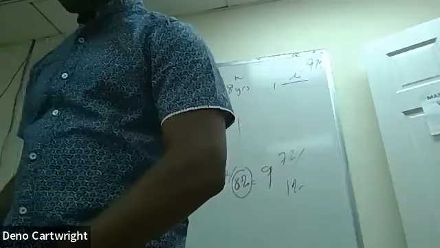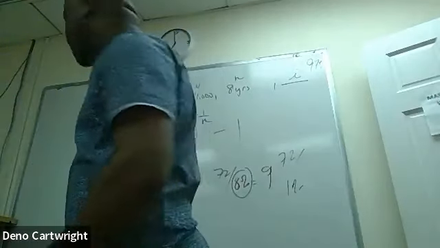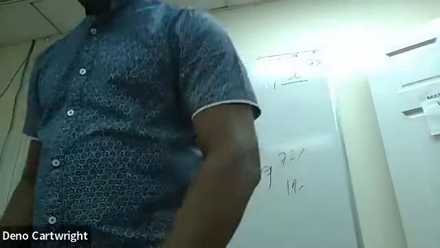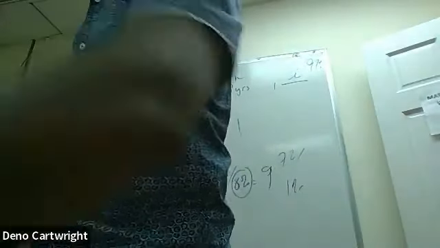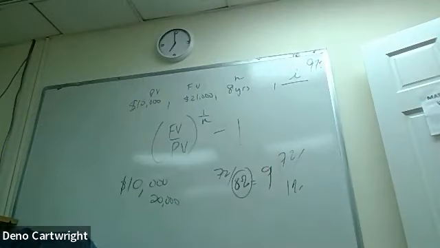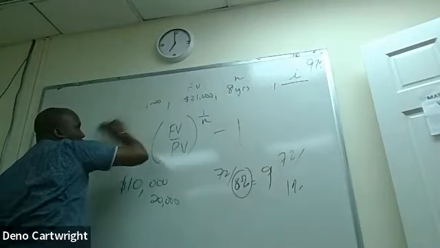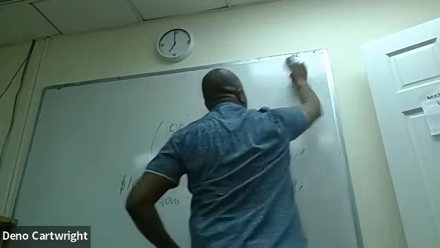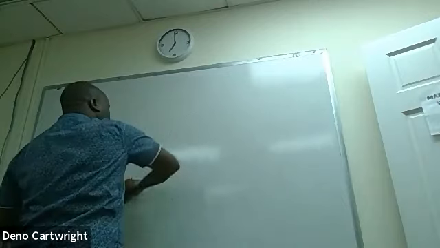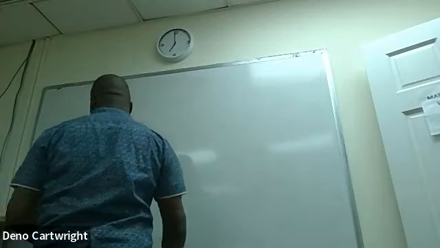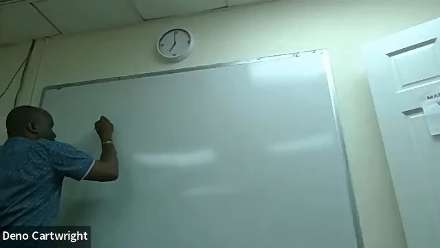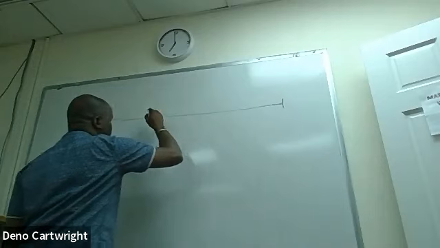Anybody familiar with the cash flow stream? Cash flow stream helps you to determine how much different payments are worth over time. Like you said, your bank would allow you to make different principal payments over time.